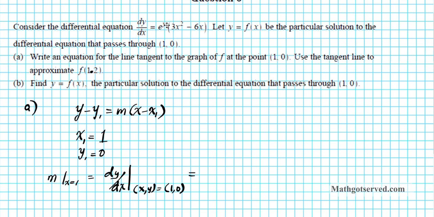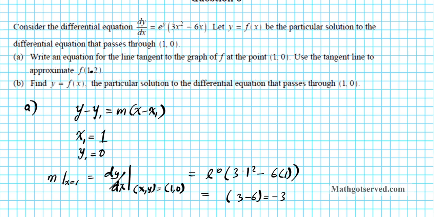It means that anywhere we have y in this equation, we put in 0. And anywhere we have x, we put in 1. So that's going to leave us with e to the 0 times 3 times 1 squared minus 6 times 1. e to the 0 is just 1. 3 minus 6 is equal to negative 3.